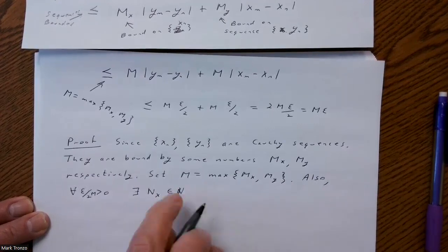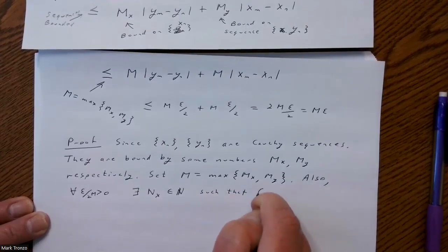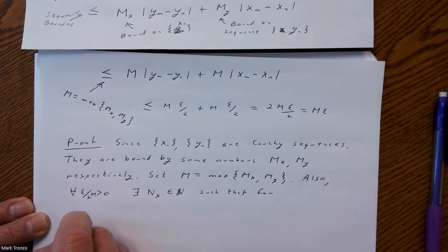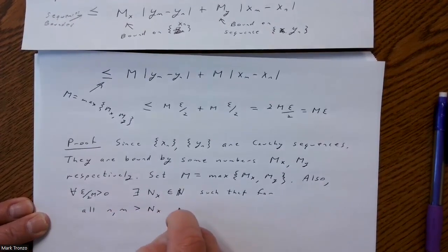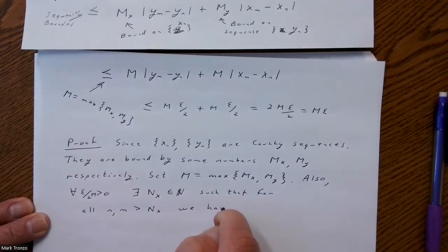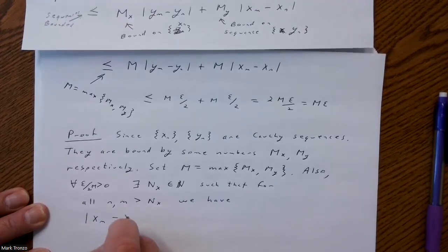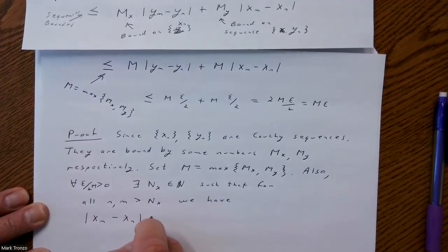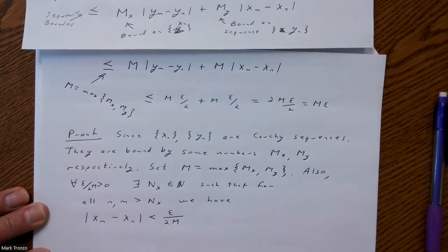And let me do this one at a time this time, such that for all n, m greater than nx, we have |xm minus xn| less than, and we can put our bound in here, less than epsilon over 2m, like this.